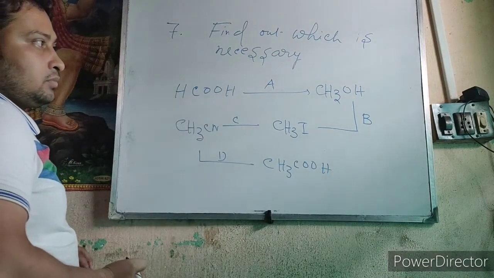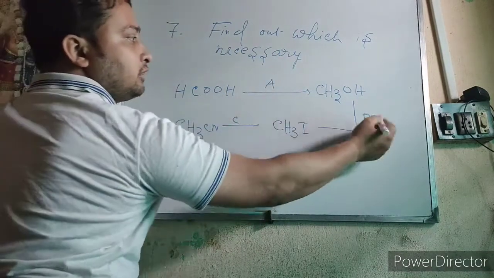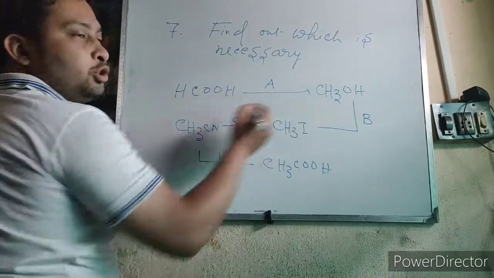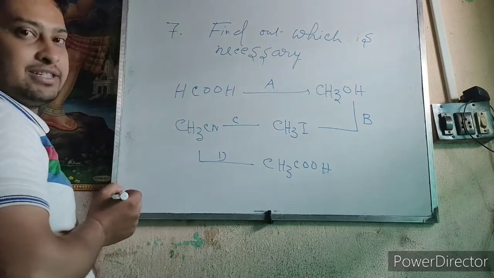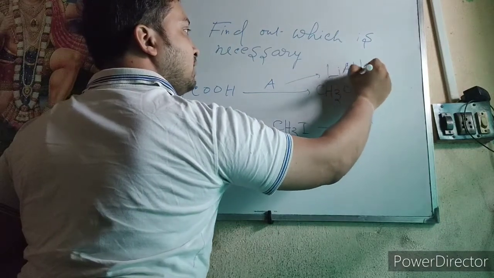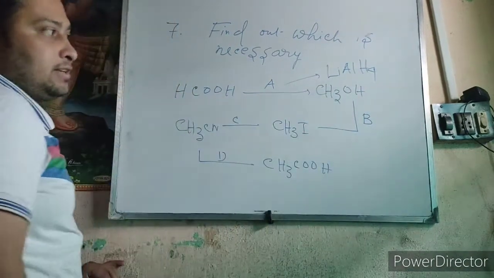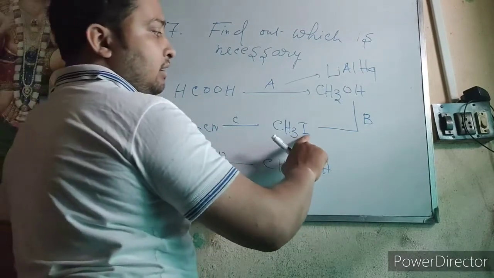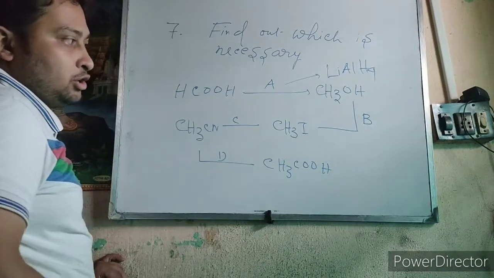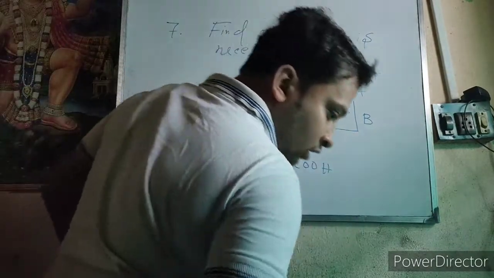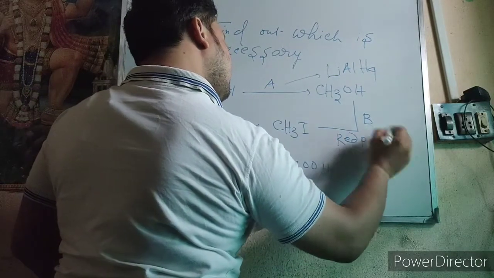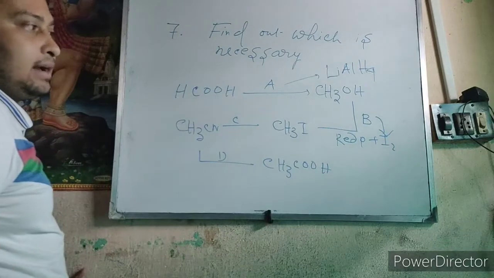So find out the reagents. For the first step you should use a strong reducing agent, so A is lithium aluminium hydride. The second step puts I on OH, so you must use KI or red P and iodine, so B is red P and I2.